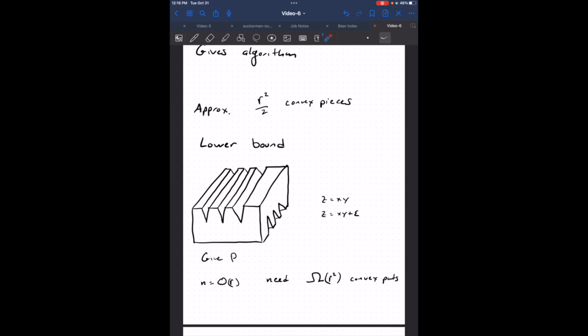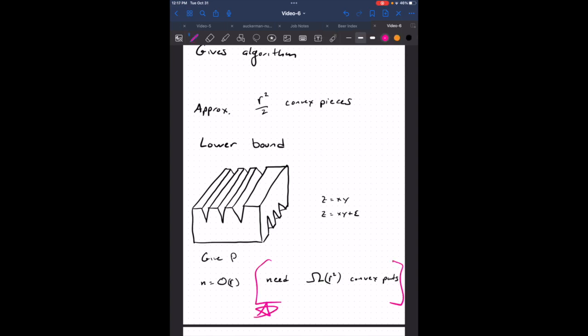And he proves that we need a quadratic in the reflex vertex number of convex parts. And so this is an interesting polyhedra here. I drew it so that these look like they're straight across, but they're not. There's this sort of surface. They follow a curve here, and then the paper shows that you'll need a quadratic number. So this is pretty cool. I wanted to emphasize that.